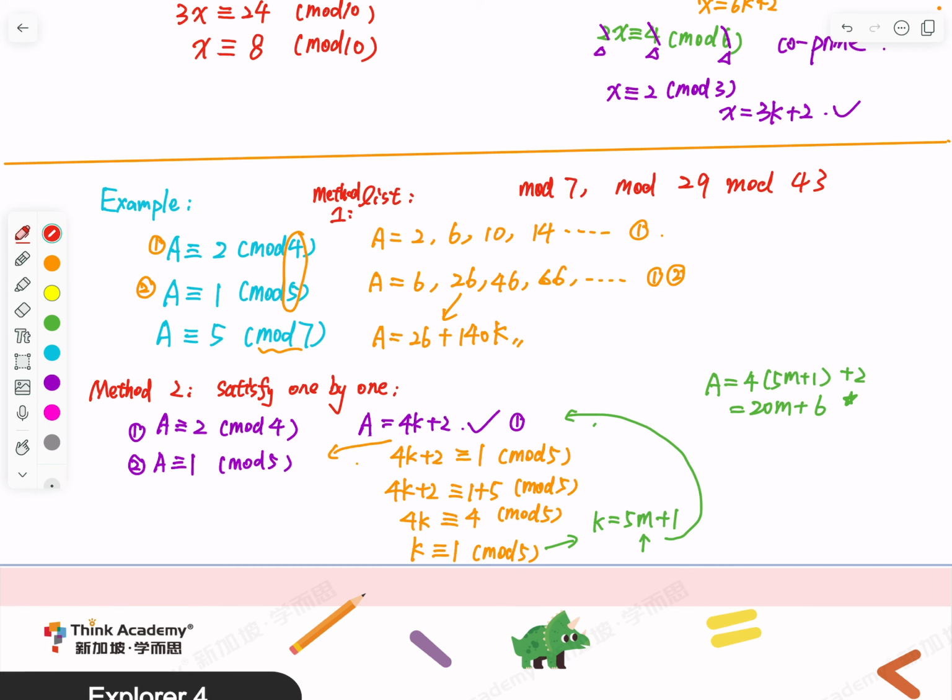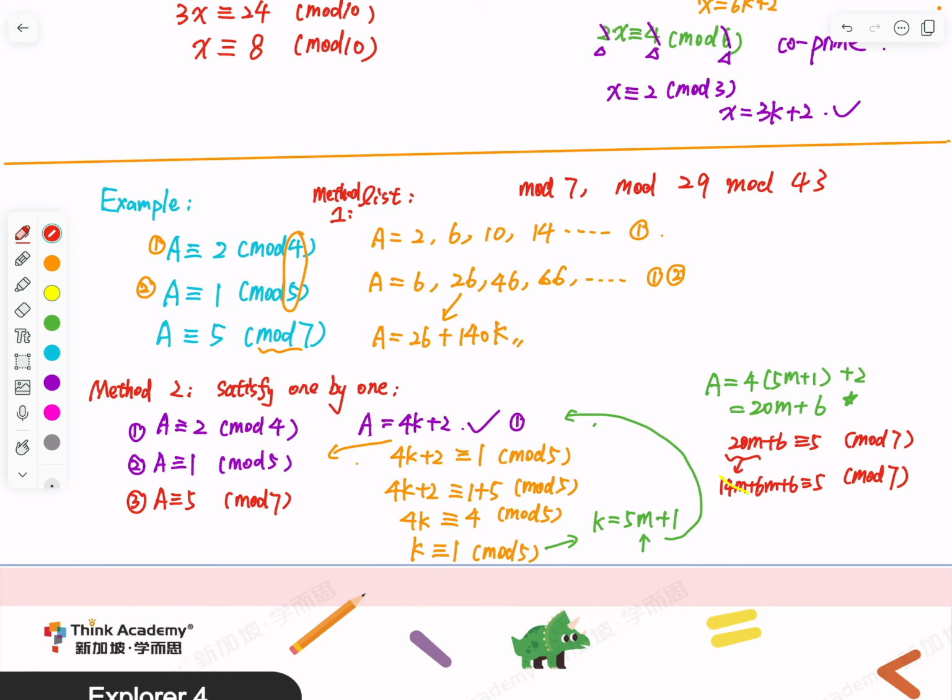Now let's substitute 20m plus 6 into equation 3, a congruent to 5 if I mod 7. So 20m plus 6 congruent to 5 if I mod 7. 20m I can separate into 14m plus 6m, so 14m plus 6m plus 6 congruent to 5 if I mod 7. 14m, of course, can be exactly divided by 7, so we just cancel it.